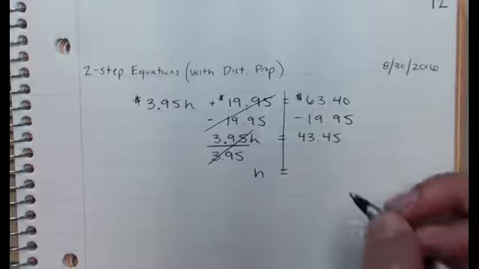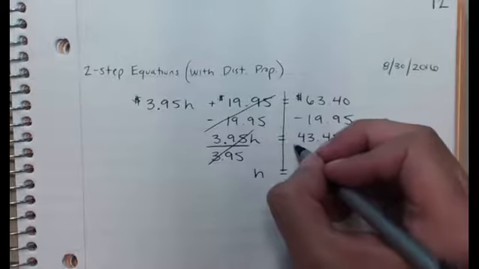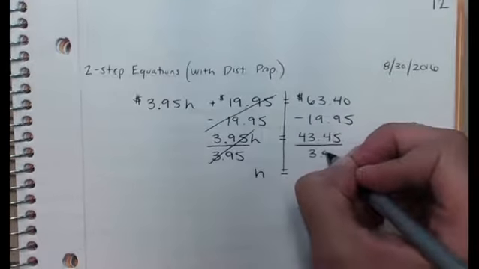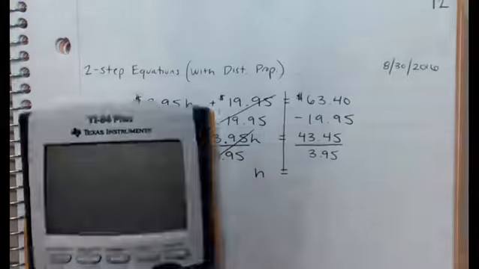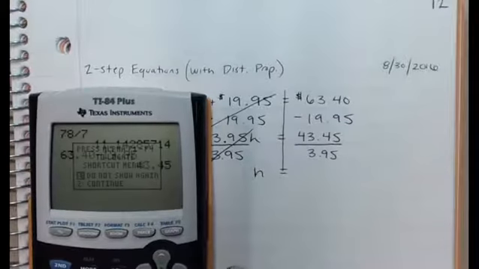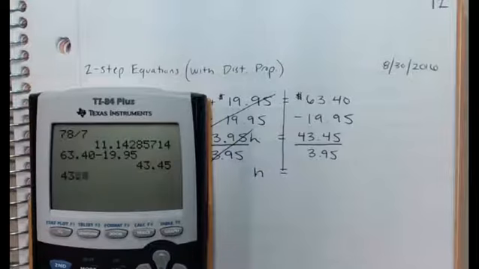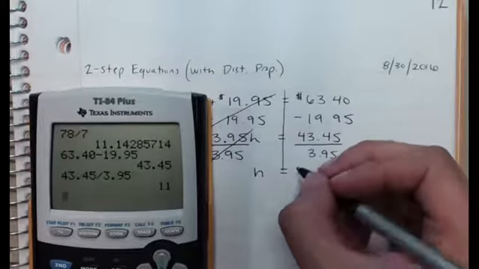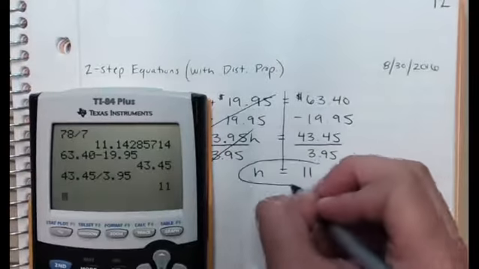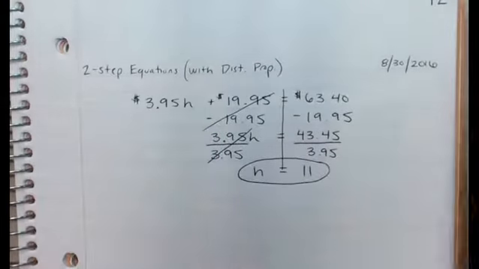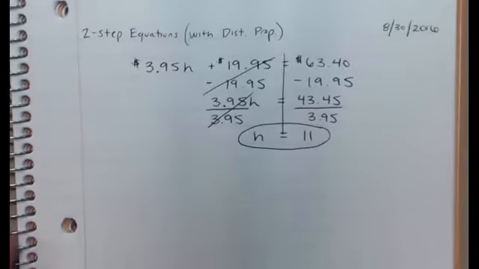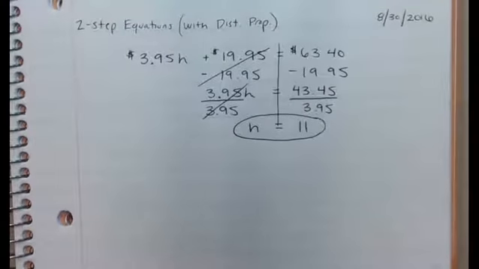So H is the only thing left over. Whatever I do to one side, I have to do to the other. And let's figure out how many hours they can clean. 43.45 divided by $3.95, and it should be 11 hours, which is a long time to clean a house, which is awesome. My house will be spotless. Okay, so that's how I would solve a two-step equation.